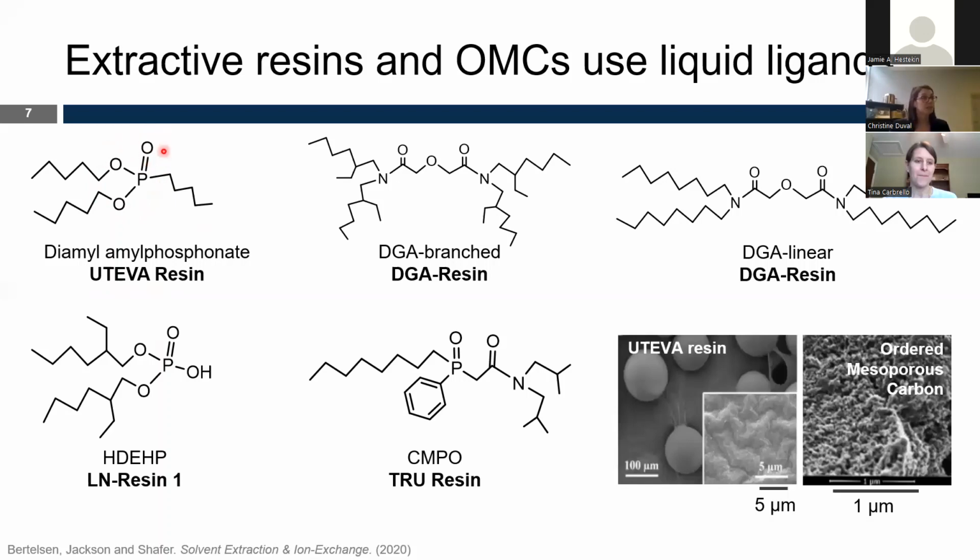These phosphoryl oxygens are highly polarizable, and they form nice, strong complexes with our electron-rich actinides. You'll see HDEHP and CMPO. All of these feature that same phosphoryl chemistry.